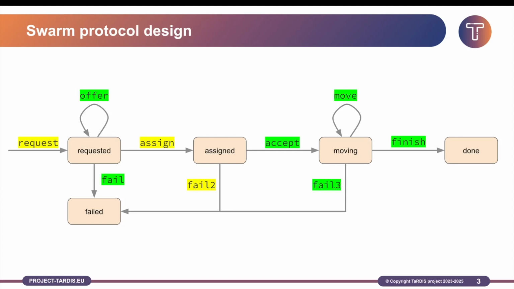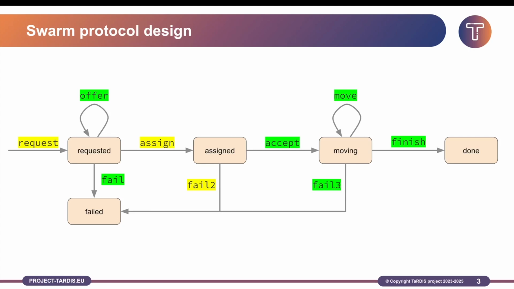At some point, either a robot decides that the whole process has failed, or the plant can assign one of the robots to service this request. At that point, we are in the assigned state. Again, failure can happen. This is a real system, so we have a fail to transition into the failed state.